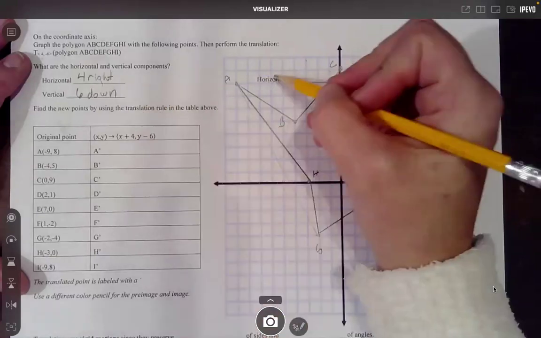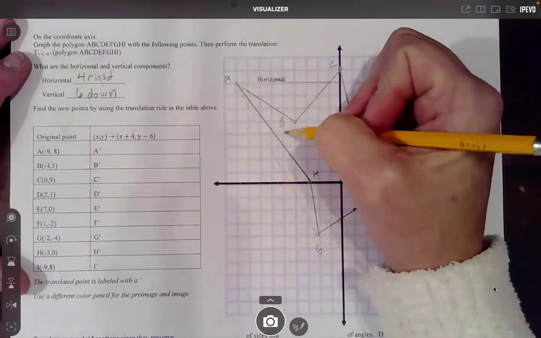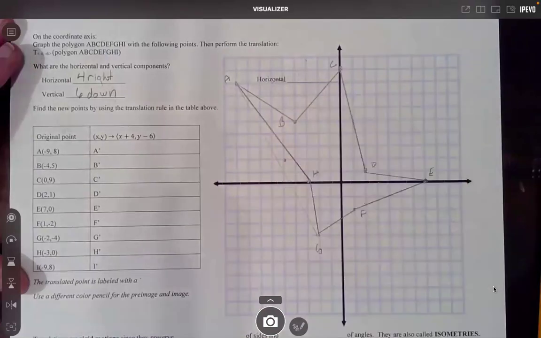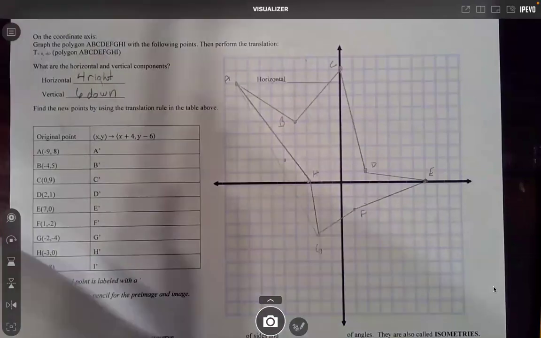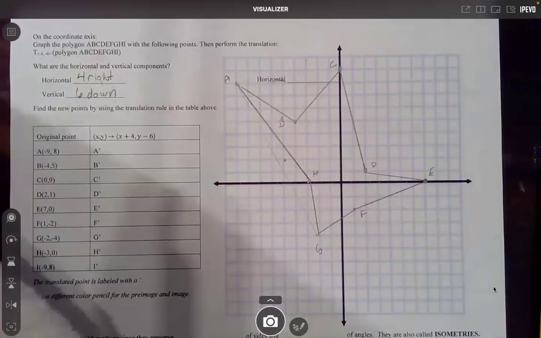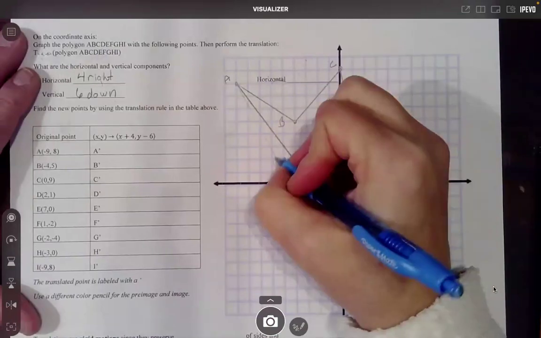1, 2, 3, 4. 1, 2, 3, 4, 5, 6. Here would be my A prime. And let me find a different color. Here we go. A prime.